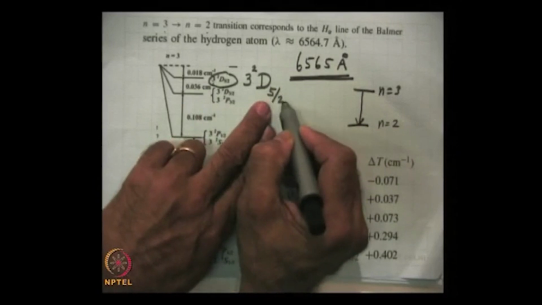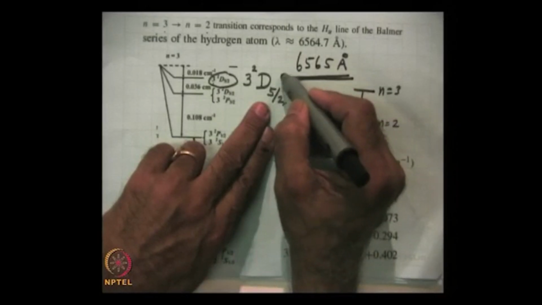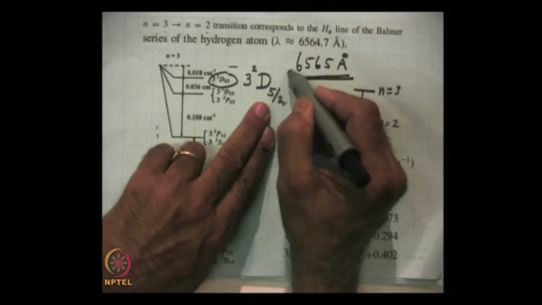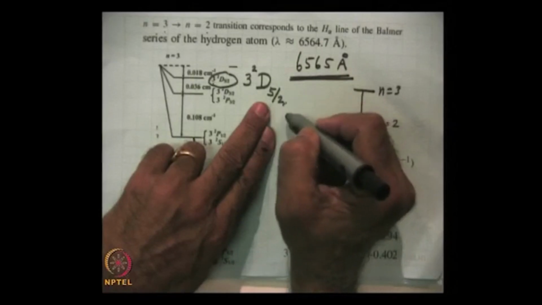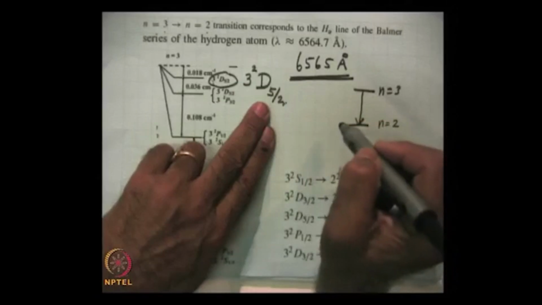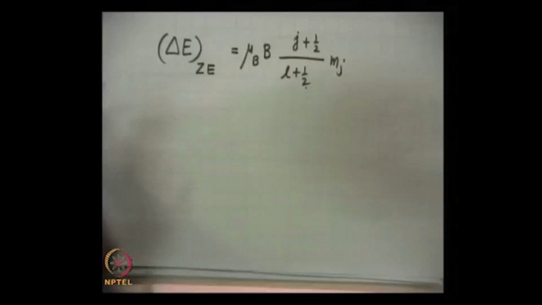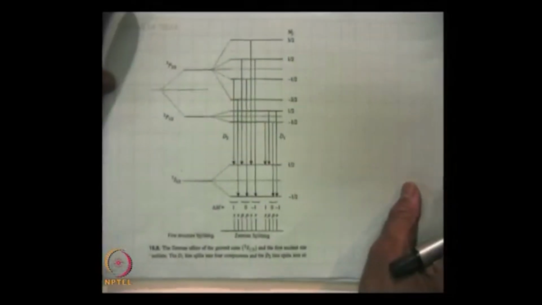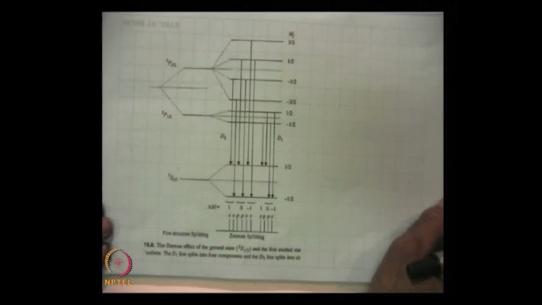So, this j value is 5 by 2, the corresponding m value will be 5 by 2, 3 by 2, half, minus 3 by 2, minus 5 by 2. So, you see, this is the Zeeman splitting of the D1 and D2 lines.